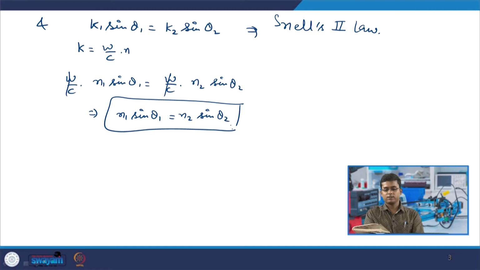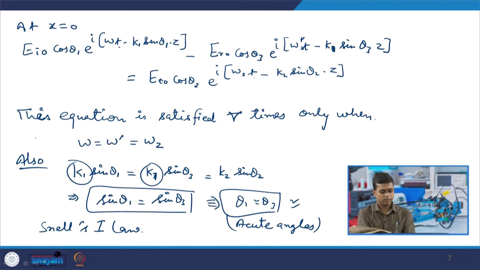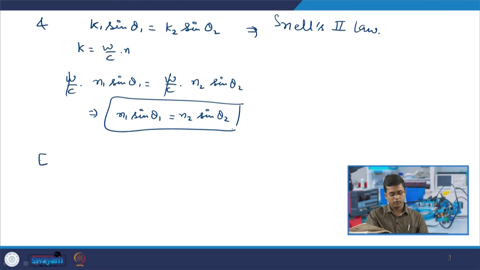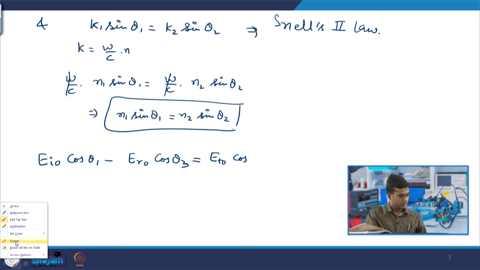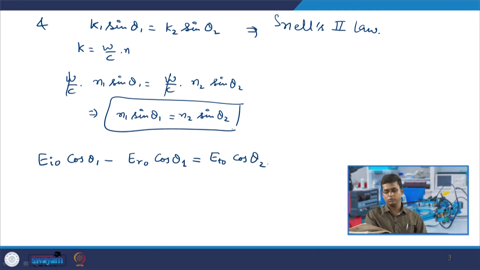So, if you put these things in this equation, let us say this is equation 1. So, put all this in equation 1, what you get? E_I0 cosθ1 − E_r0 cosθ3 = E_t0, sorry, cosθ3, which is cosθ1 actually. So, you can write cosθ1 = cosθ2.